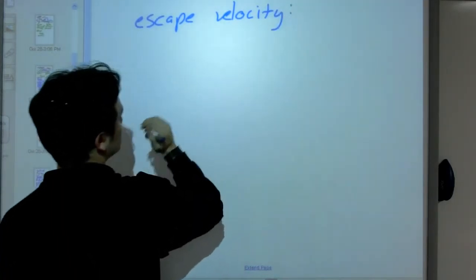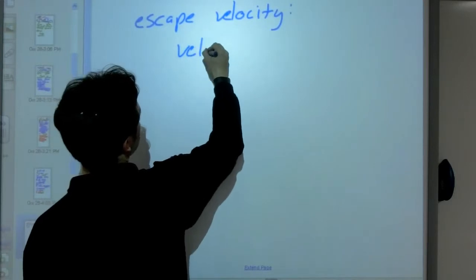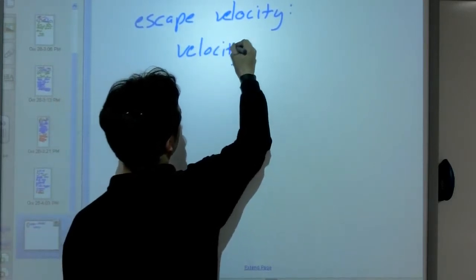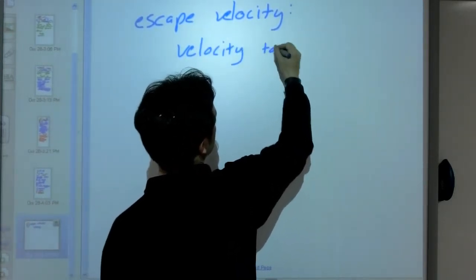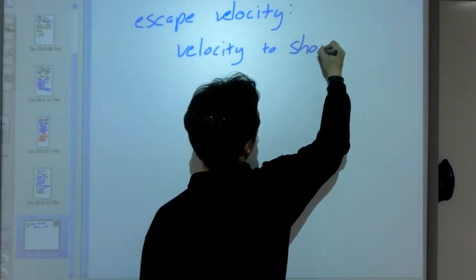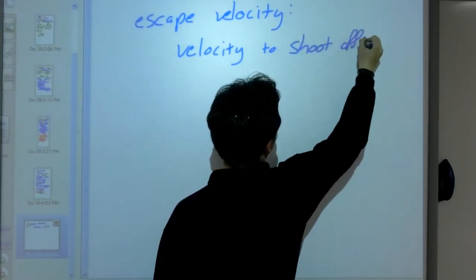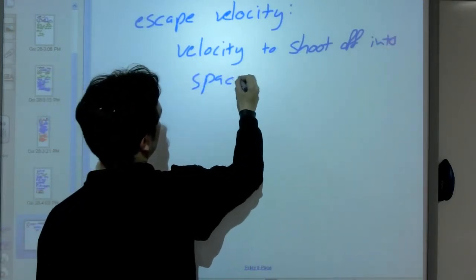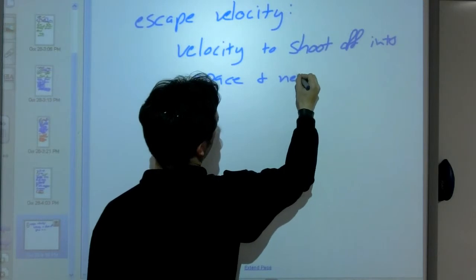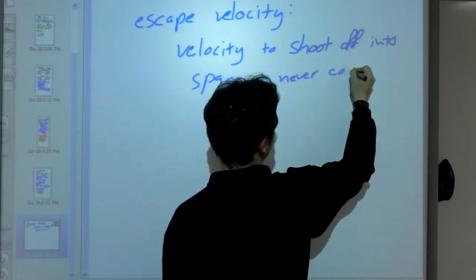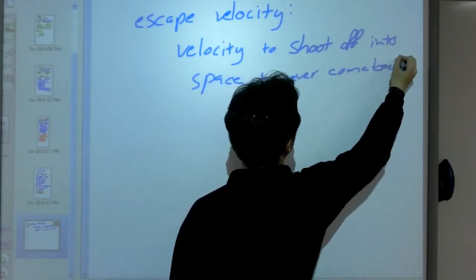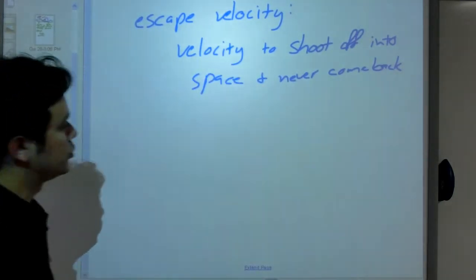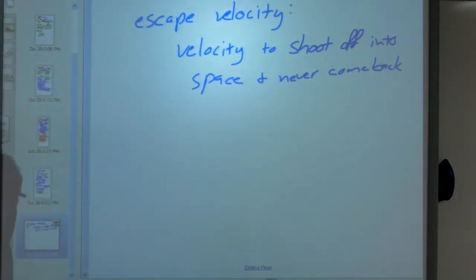And that is the velocity to shoot off into space and never come back. So we're going to take a look into the escape velocity for Earth.